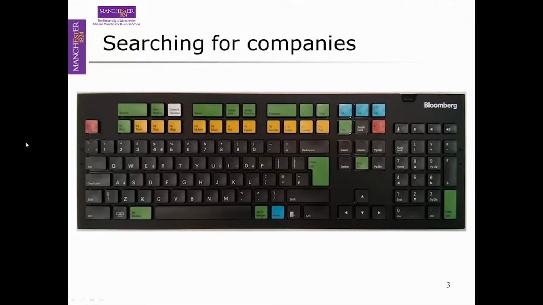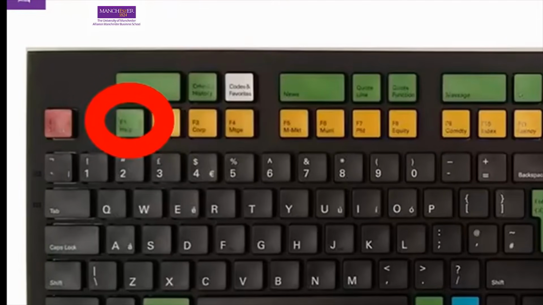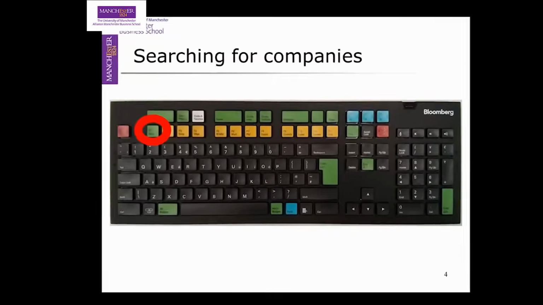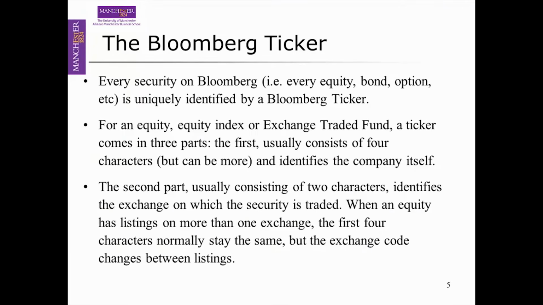This is the Bloomberg keyboard, and this button here is the green F1 Help button. Every security on Bloomberg, that is, every equity, bond, option, etc., is uniquely identified by a Bloomberg ticker.